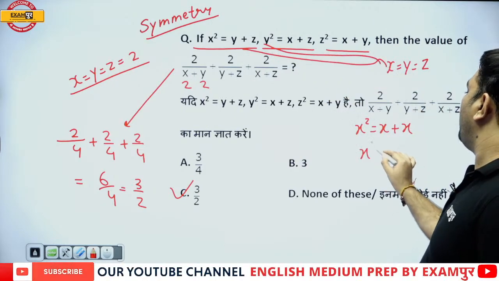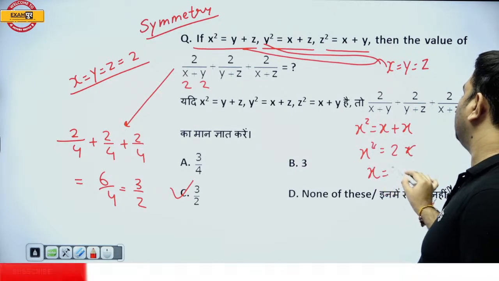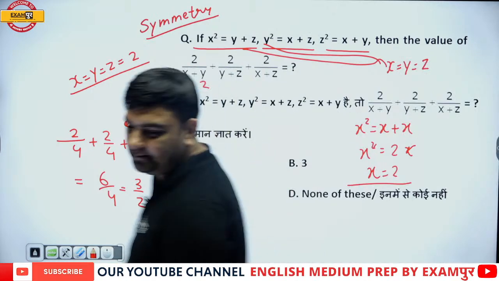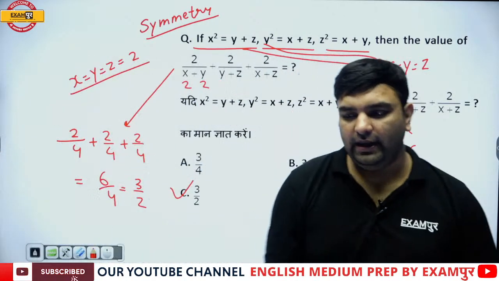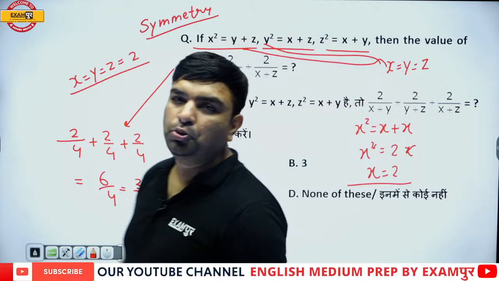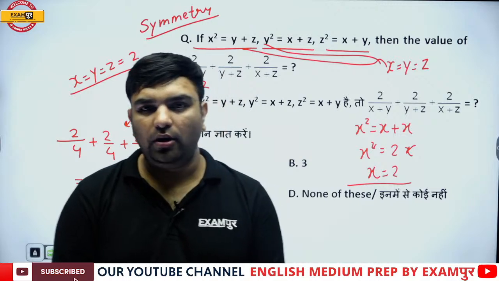So x square is equal to 2x, or one of the values of x comes out to be 2. Then also you will get to know that x, y and z all are 2, 2, 2.